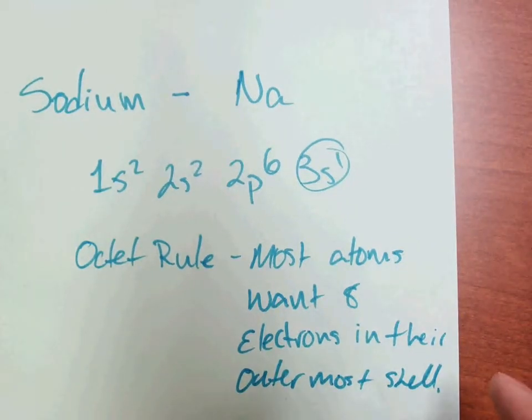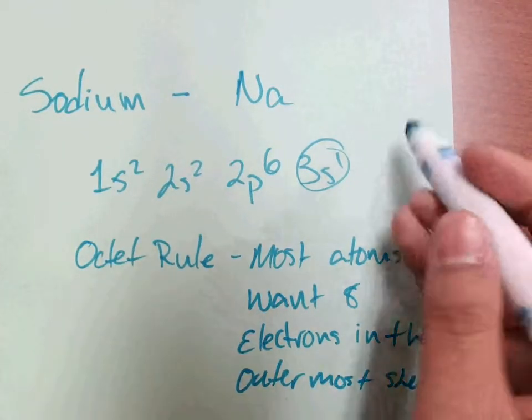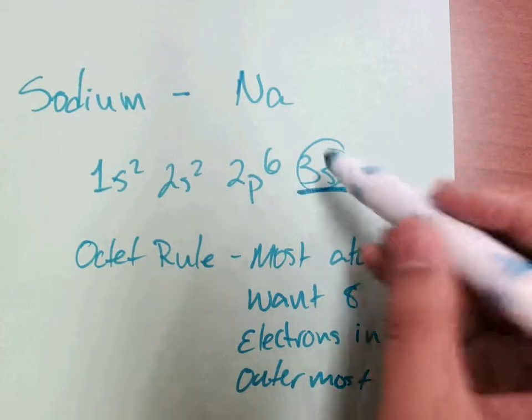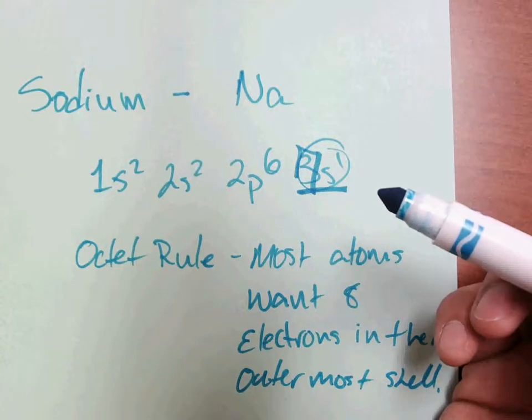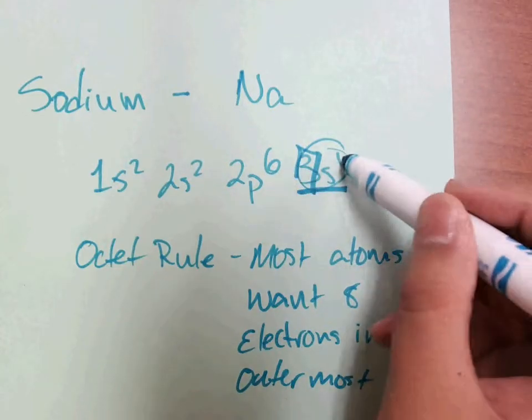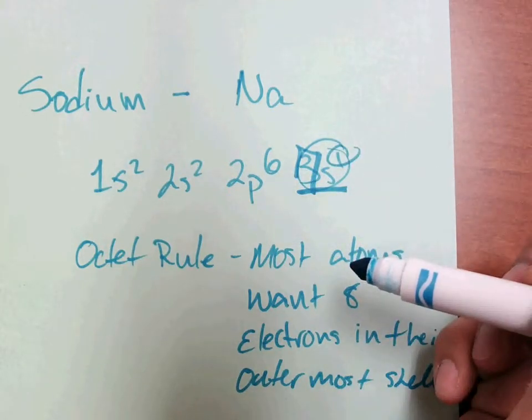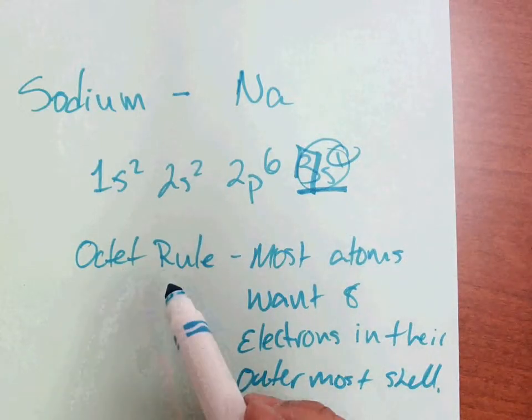Alright, so the outermost shell is going to be essentially the largest principal quantum number, in this case 3, and there's 1 in the 3. So you want to have 8.